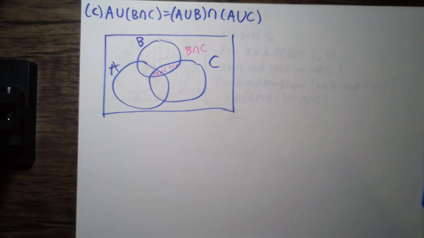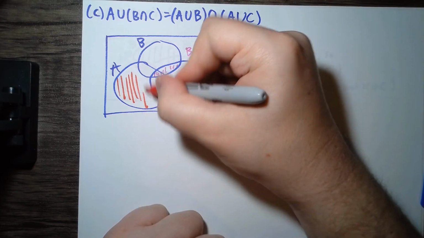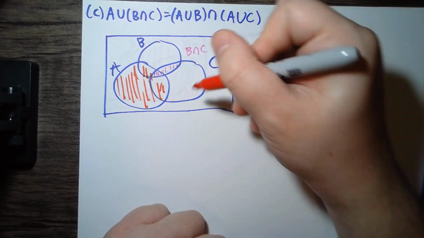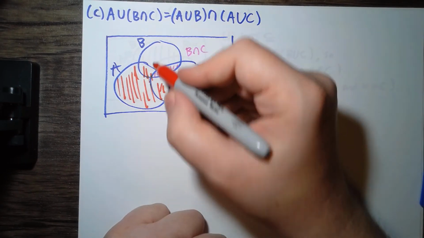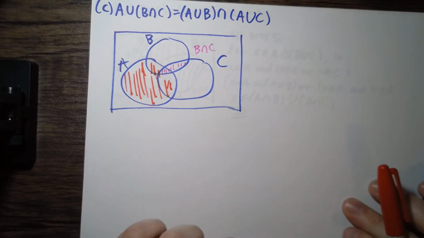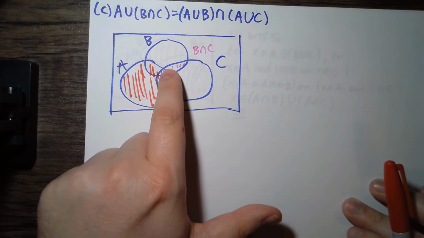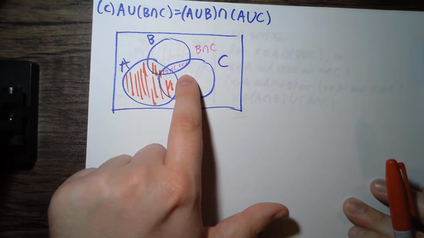And we're just going to add A, which is this, on top of it. So that whole thing is A union B intersect C.